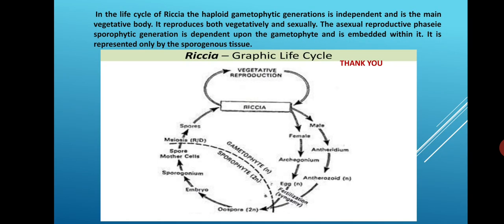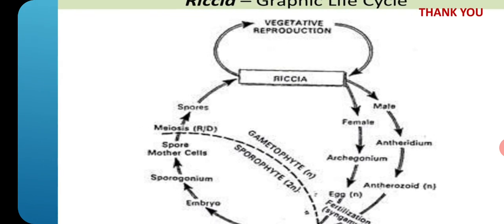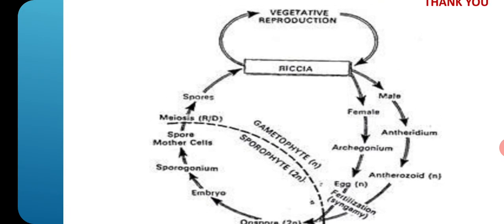Friends, the last part is the life cycle of Riccia. This is the graphical representation of the life cycle of Riccia. Riccia shows two generations. One is the gametophytic generation and the other is the sporophytic generation.